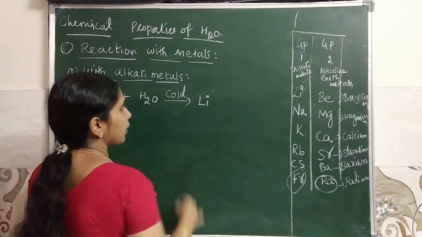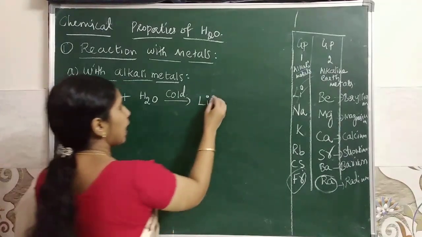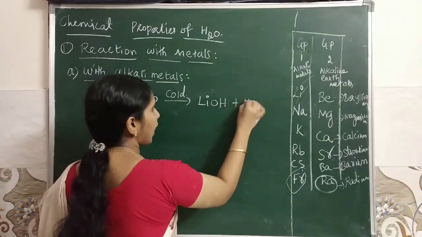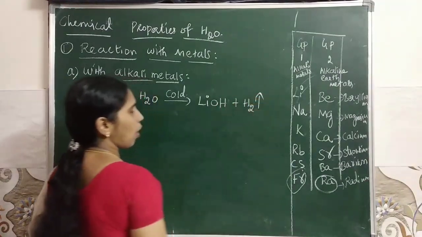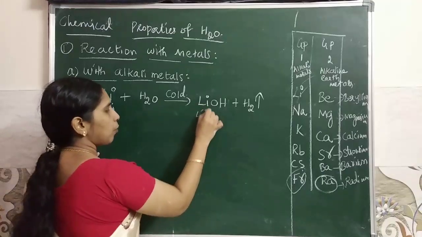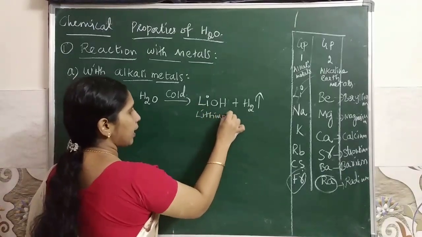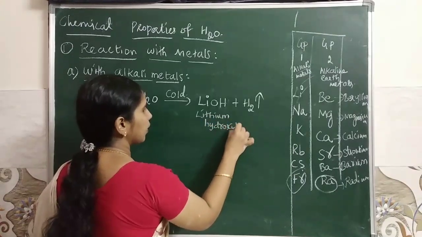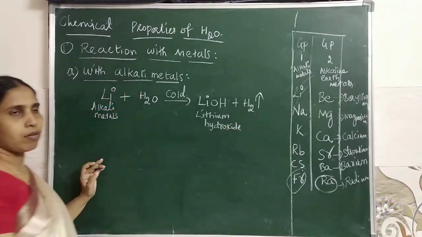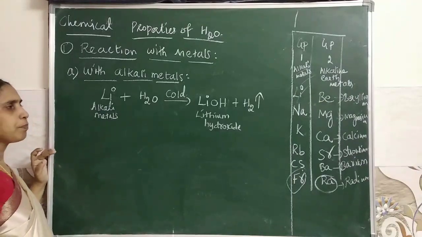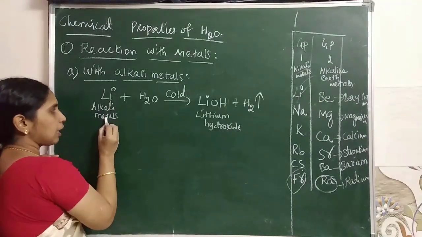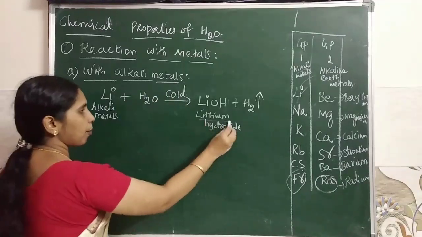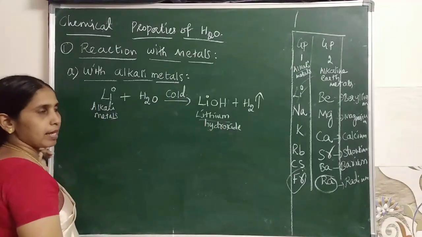What will be formed? The product is lithium hydroxide, and hydrogen gas is evolved. LiOH is lithium hydroxide. So alkali metal lithium reacts with water in cold condition forming lithium hydroxide.